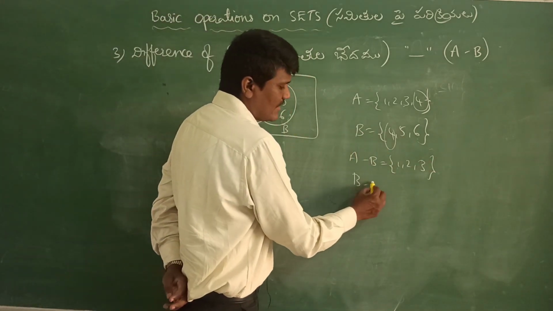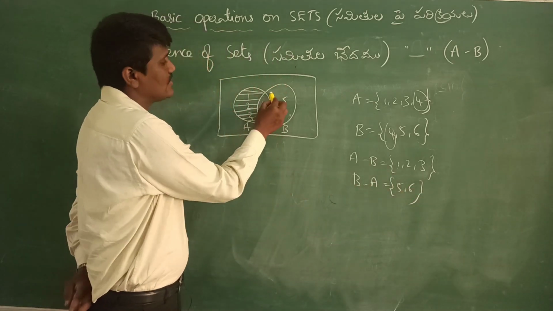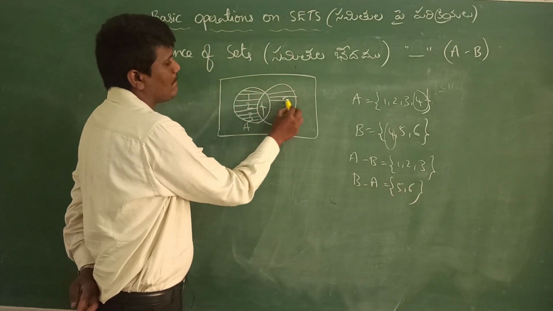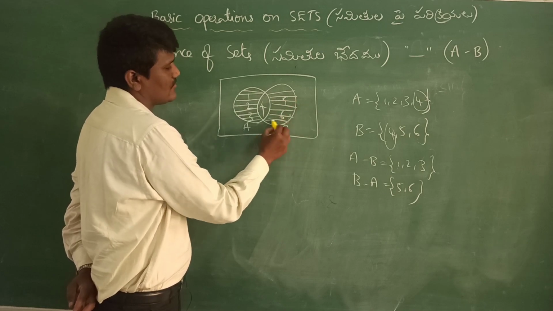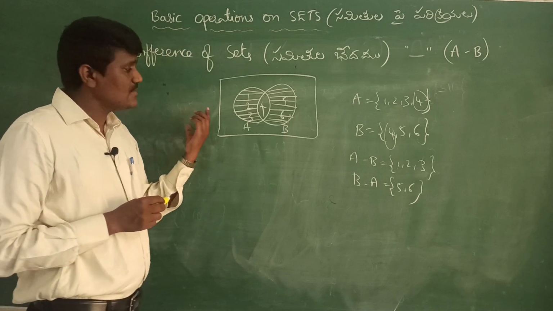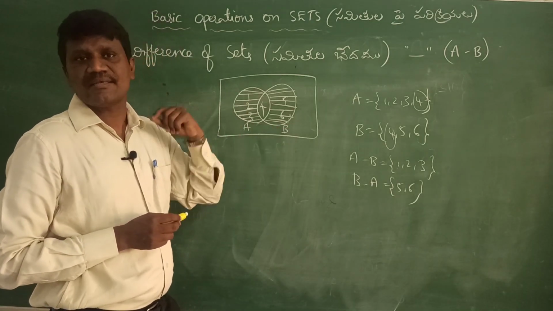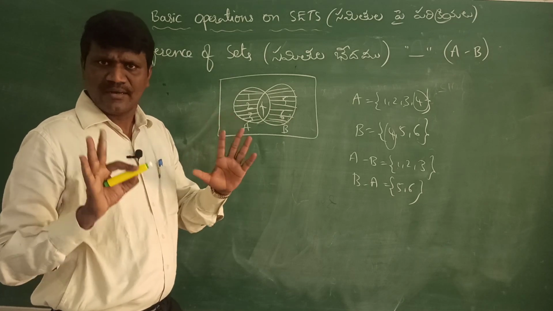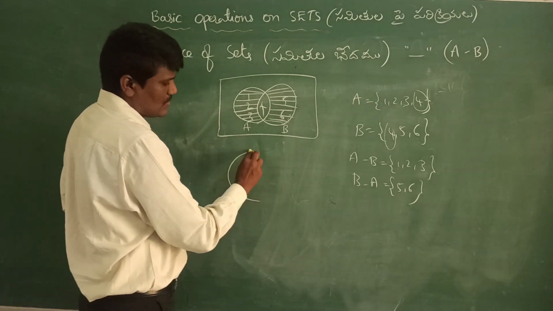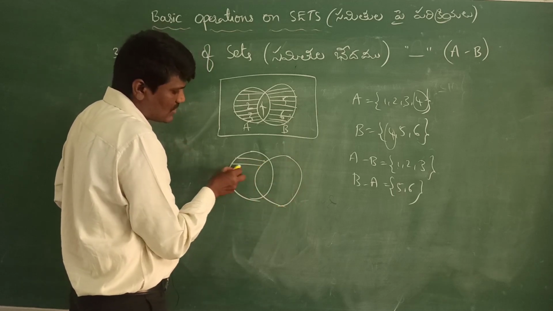B minus A అంటే ఏంటి? 5 6 elements ఎక్కడ ఉన్నాయి? So this part is B minus A. So this left part is A minus B and this is B minus A. Clear? Let us take one more example. Suppose without elements if I take, so what is this part?